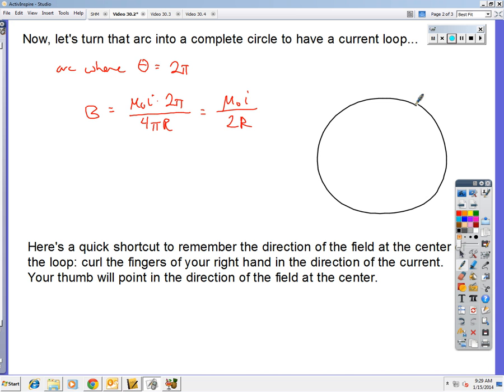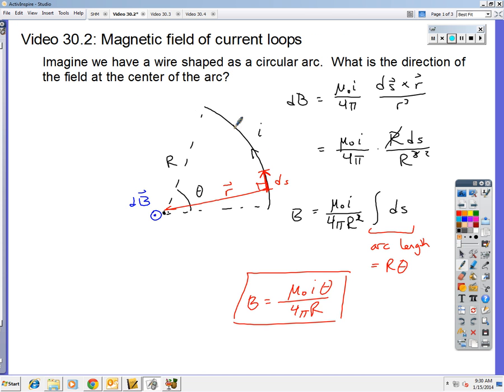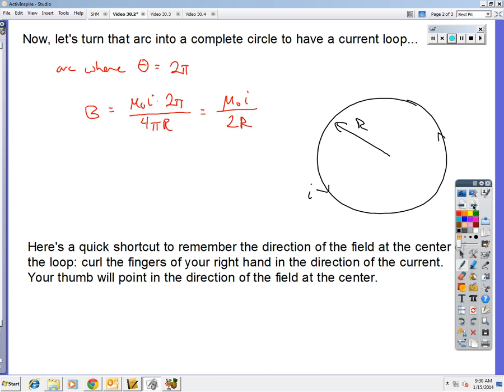Now, a useful thing here. We've got that current loop. We said that when the current was going basically counterclockwise, the field points out of the page. And there's a useful shortcut. It's another variant of the right-hand rule.